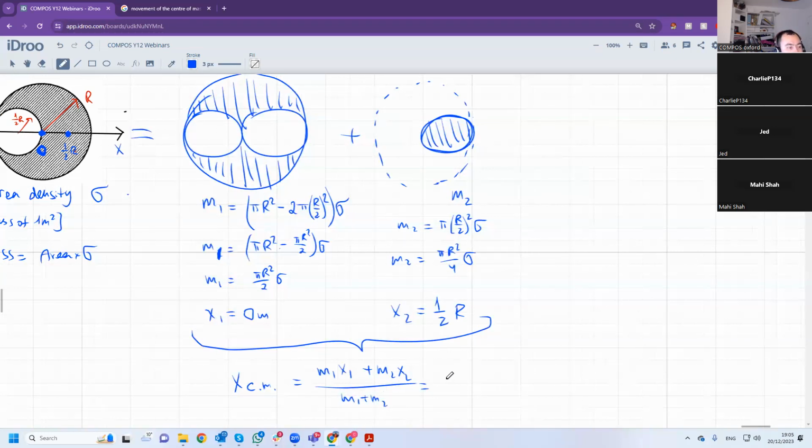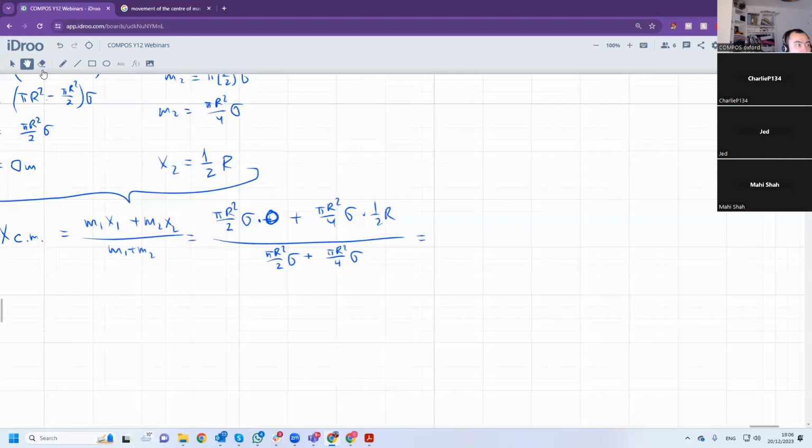So m1 is pi r squared over 2 sigma multiplied by x1, which is 0, plus m2, which is pi r squared over 4 sigma multiplied by x2, so 1/2 r, divided by m1 plus m2, which is pi r squared over 2 sigma plus pi r squared over 4 sigma.